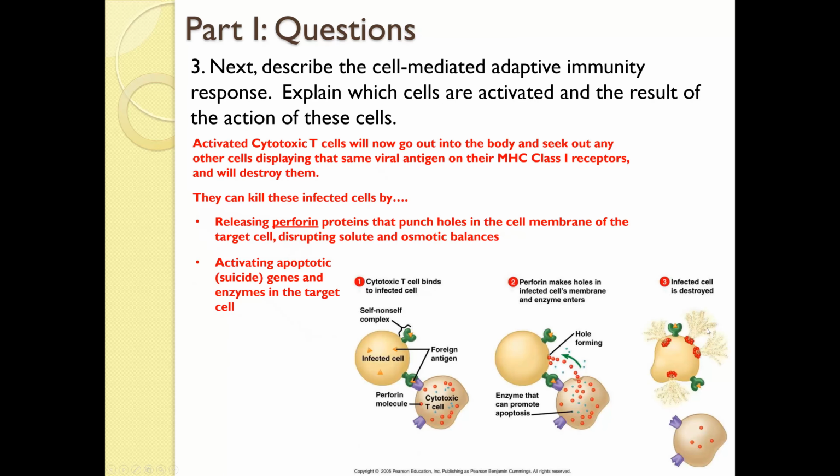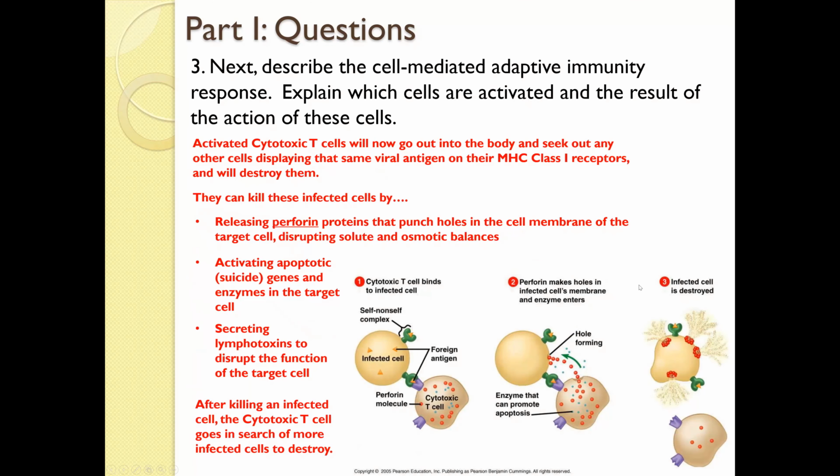The cytotoxic T cells can also release enzymes that activate apoptotic or suicide genes inside the target cell. And cytotoxic T cells can also secrete lymphotoxins, which can disrupt the function of the target cell. The end result is that the infected cell gets destroyed. And then after killing an infected cell, the cytotoxic T cell will then go in search of more infected cells to destroy.